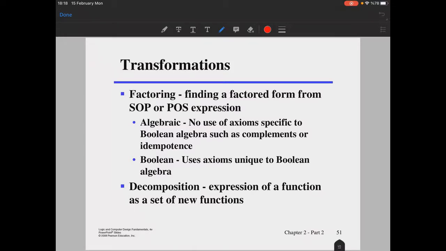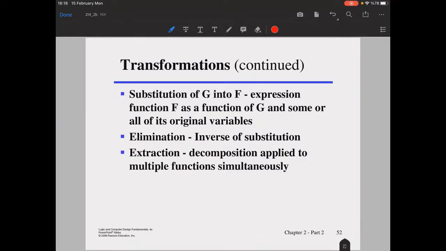Decomposition is roughly separating, just defining some subfunctions or blocks within a Boolean expression. And substitution is just using a block in different parts of a Boolean expression. For example, using G in different parts of F, as given here.